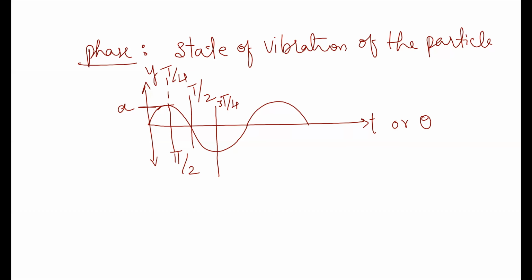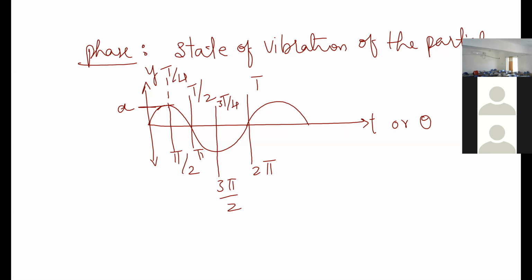And here the time is T. In terms of angle, this is 2 pi, this is 3 pi by 2, and this is pi. So you can measure the phase. What is the meaning of phase? Phase represents the state of vibration of the particles.